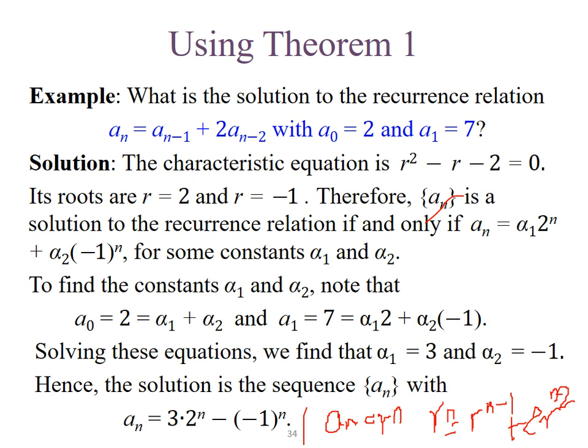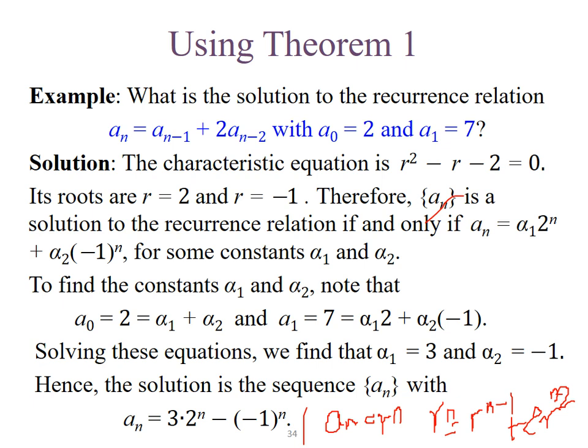So we have alpha 1 plus alpha 2 equals 2. That's our first equation. And then we have our second initial condition, a_1 equals 7, so we have 7 equals 2 times alpha 1 minus alpha 2.